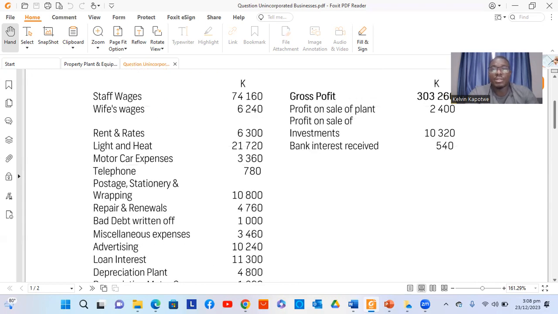Correction. A loss on a disposal of an asset is not an allowable expense because it's capital in nature. We disallow it. I was right. Sorry for that mix-up. So we are going to disallow it because it's capital in nature. So we add back a loss, but a profit is deductible.